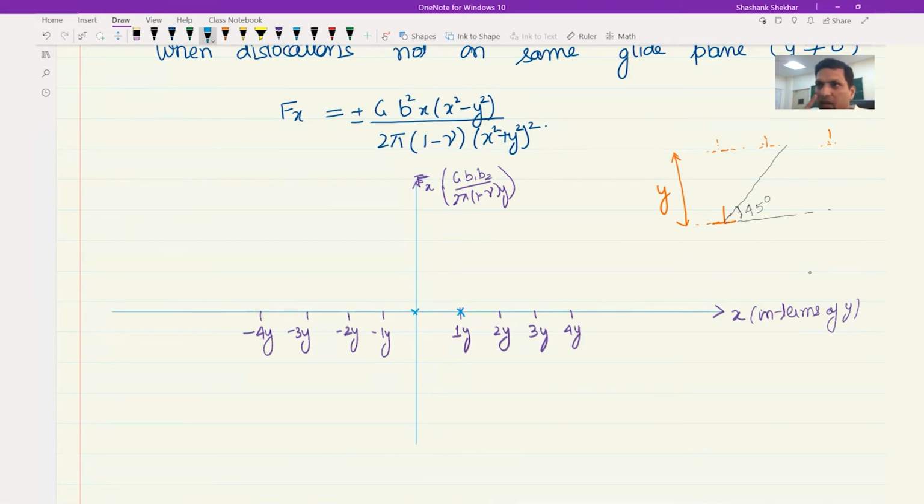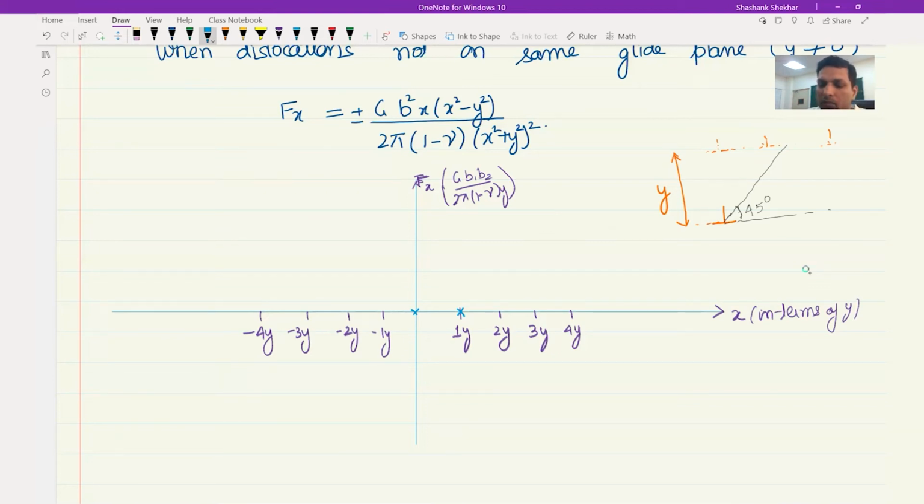What happens in between? Now, let's say you are a little less than x equal to y, meaning you are left of this position. So what will happen? So x is less than 1y. Therefore, this quantity is x square, this is y square. This whole thing is still positive, and this is positive, but then x square minus y square is a negative quantity.